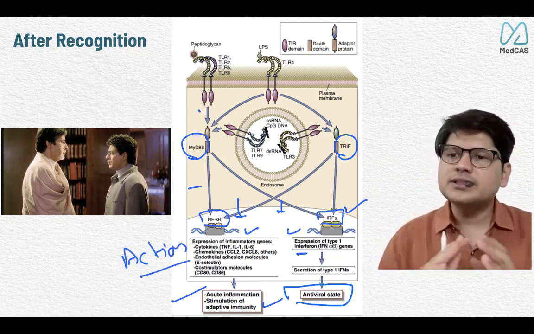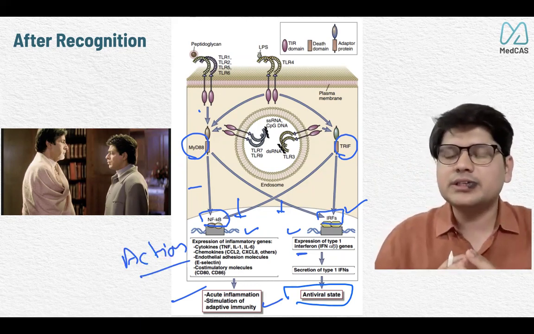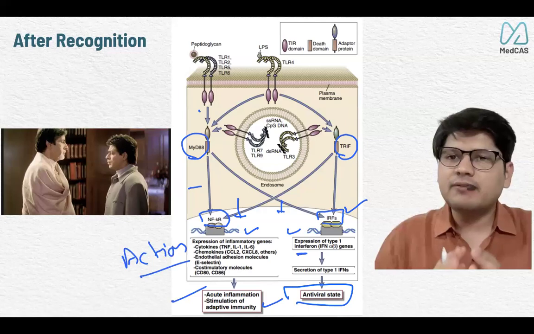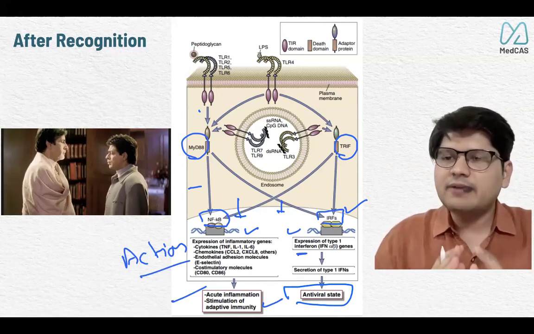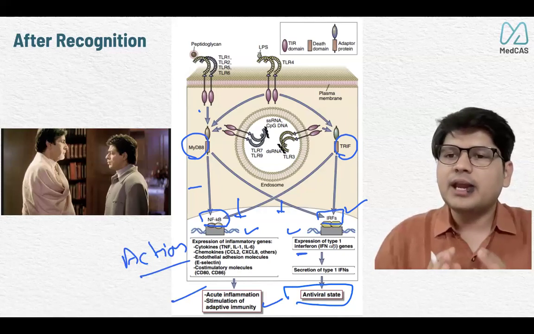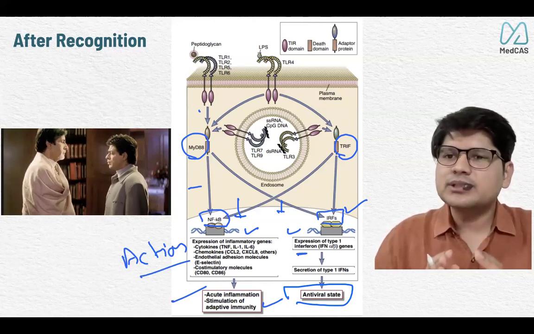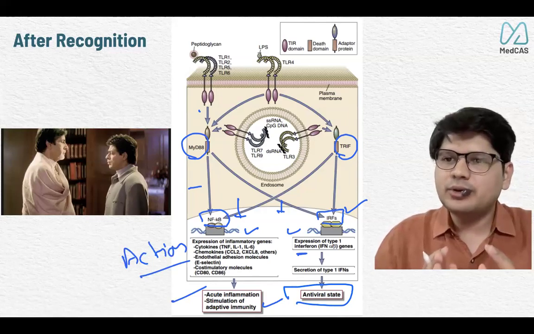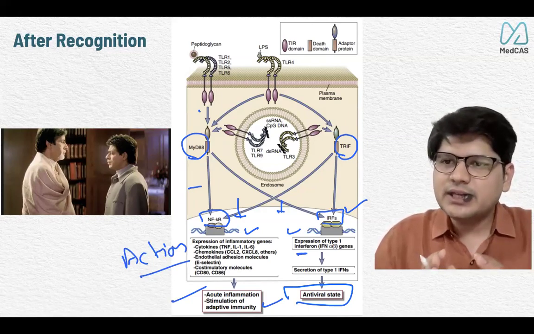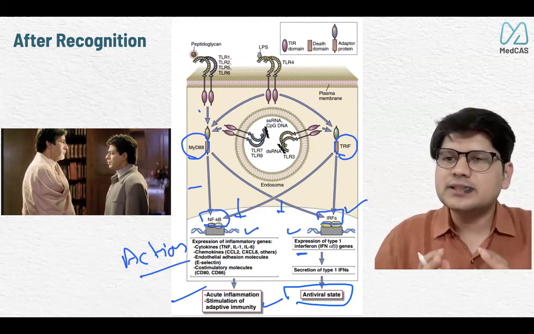Okay, so this is the role of the pattern recognition receptor: whenever a microorganism comes, it gets identified according to its PAMP and its location is established. After that it is activated, the signaling pathway runs in the cytosol, which ultimately sends a message to the nucleus and changes transcription or activates transcription factors.